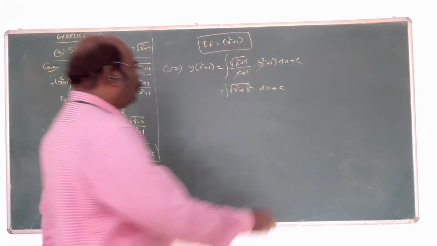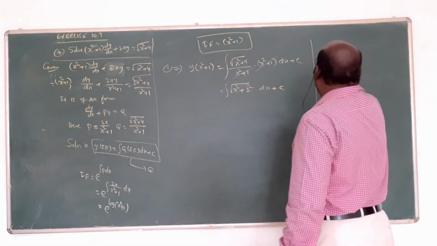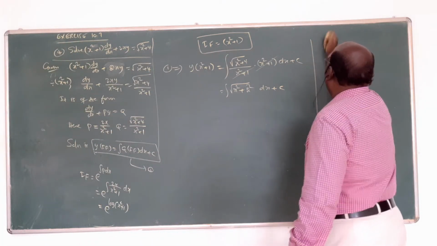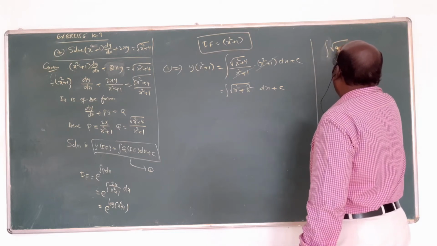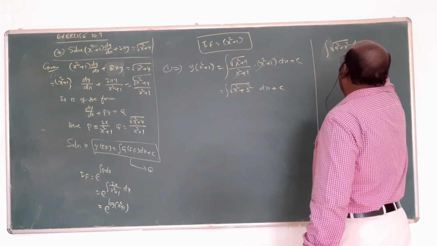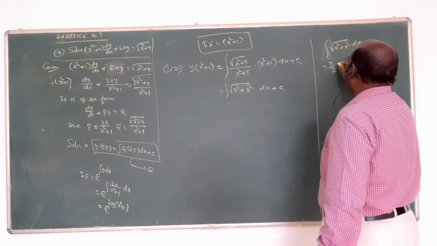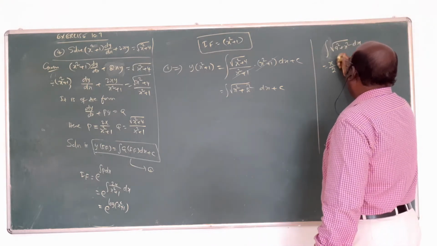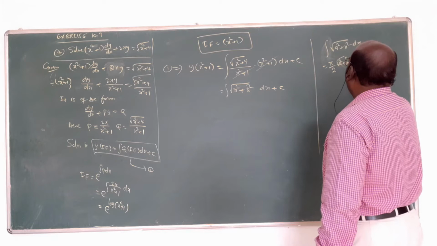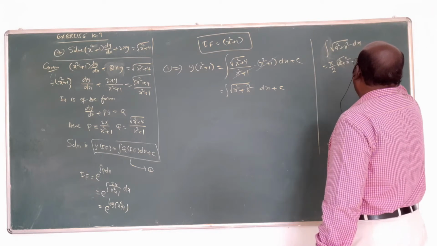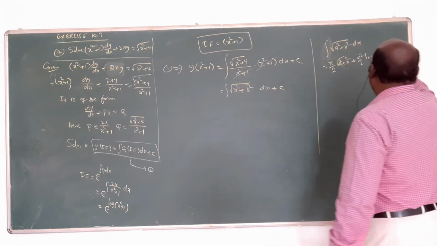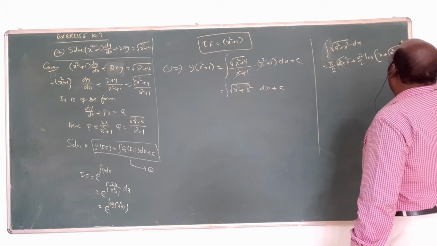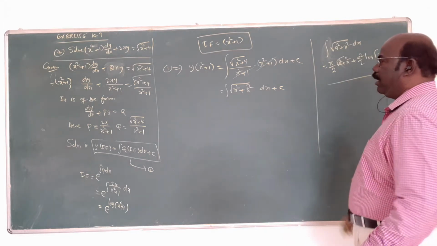The integral of root of a square plus x square dx has the form x by 2 into root of x square plus a square, plus a square by 2 into log of x plus root of a square plus x square. This is the form of the result.